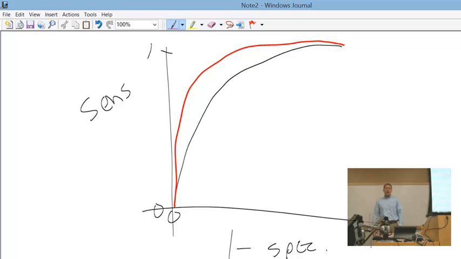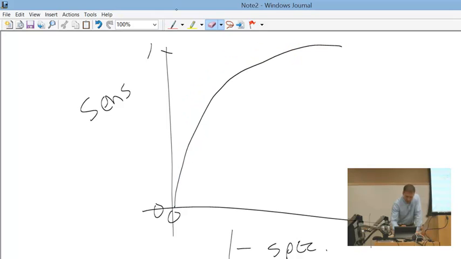So in this particular case, which model do you think is better, the one that produced the red curve or the black one? The red. Because you always will have a higher sensitivity and lower 1 minus specificity with the red than you would with the black. Okay? So that's not too difficult.